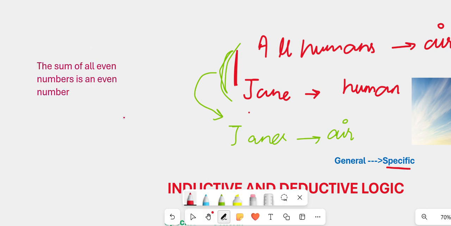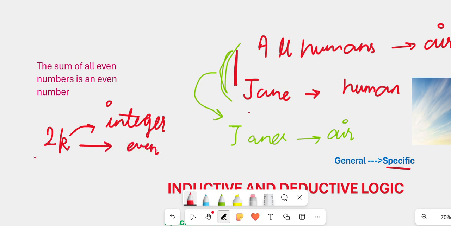We already have a general statement, which is that if there is a number like 2k, where k is an integer, and it's getting multiplied by 2, it means that this is an even number. So we can suppose that we have two numbers which are 2a and 2b, where a and b are both integers.